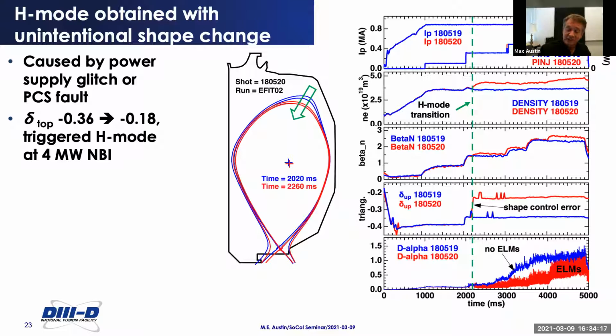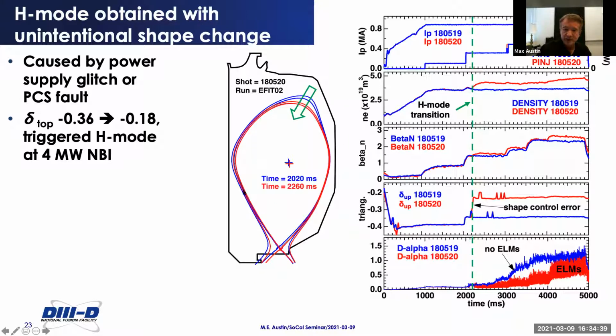But subsequently, in looking over the data, we noticed a shot that looks like it had developed ELMs, and that is shown here. What had happened is this shot 180520 had an unintentional glitch in the plasma control system, such that one of the coils affecting the shape was turned off.